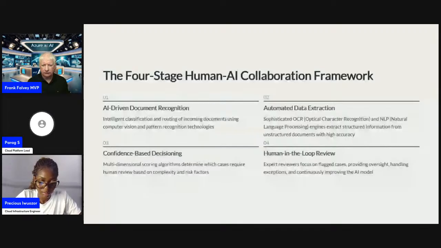These engines extract structured information from documents. Then there is a multi-dimensional scoring algorithm determining which cases go to human review. Human-in-the-loop reviews focus on feedback, providing oversight, handling exceptions, and continuously improving the AI model. I'll go through all these in detail in the next slides.